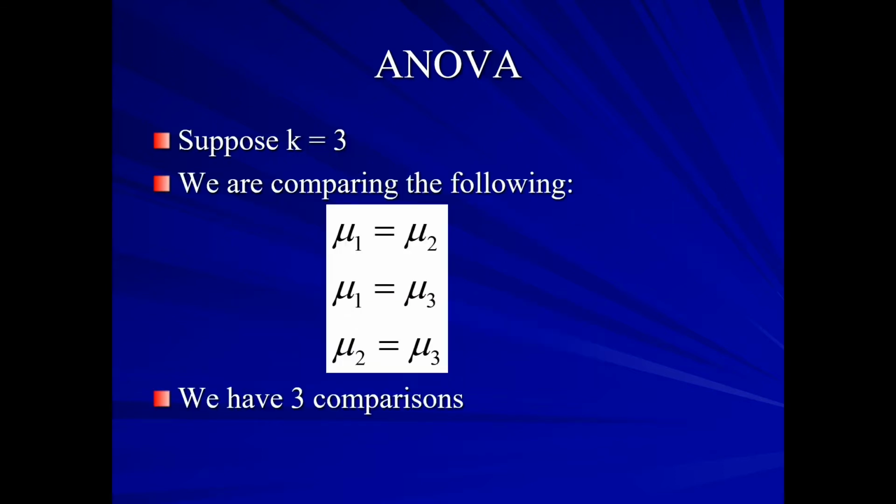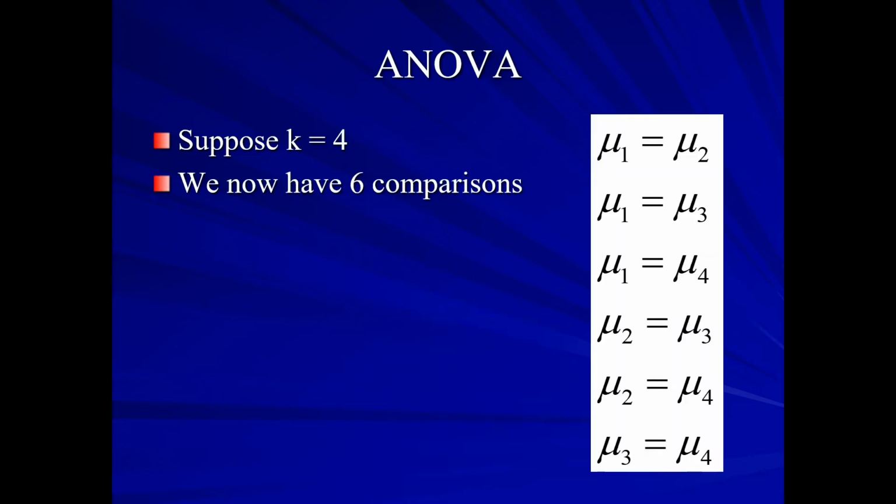Well, suppose we have three populations. So we're going to compare mu1 equals mu2, mu1 equal to mu3, and mu2 equal to mu3. This gives us three comparisons. If we extend our number of populations to 4, we see we're comparing mu1 to mu2, mu1 to mu3, mu1 to mu4, mu2 to mu3, mu2 to mu4, and mu3 to mu4.